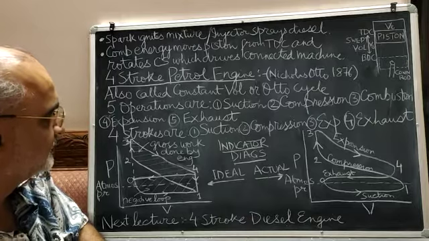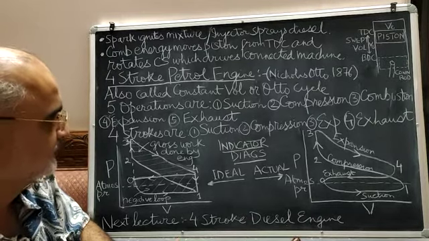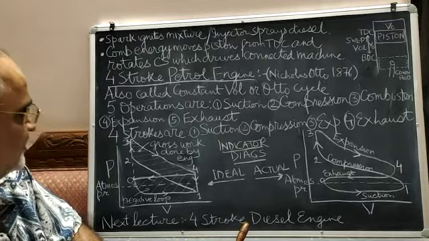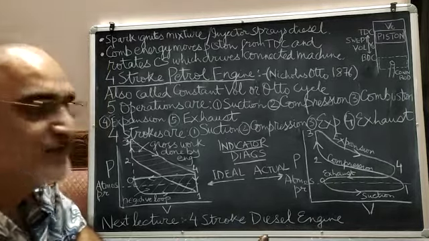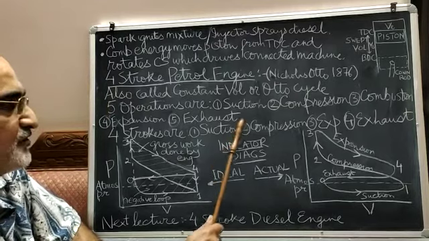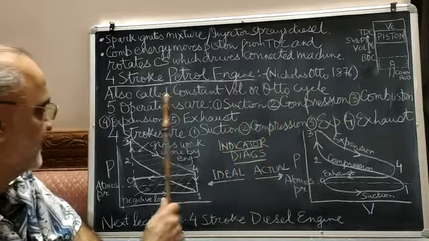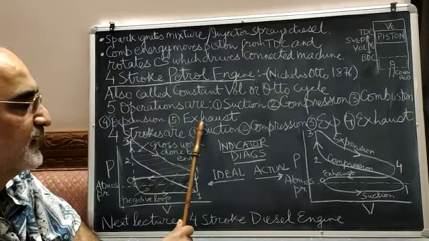It is also called a constant volume or Otto cycle. There are basically 5 operations in any 4-stroke engine. They are suction, compression, combustion, expansion and exhaust.